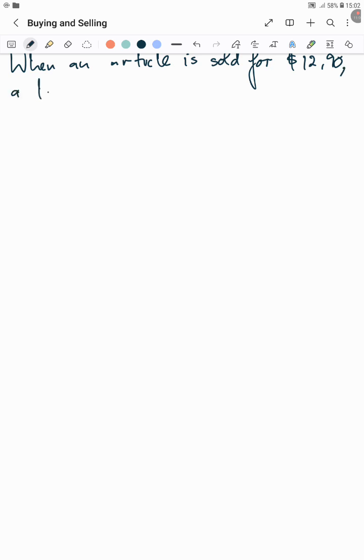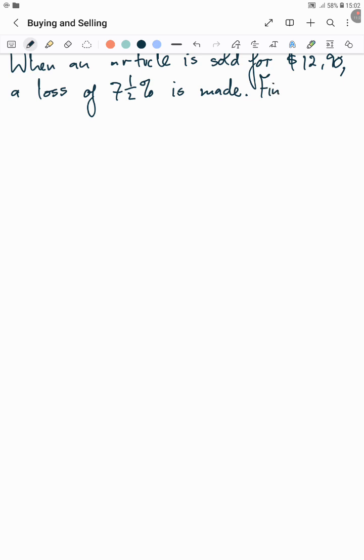It reads, when an article is sold for $12.90, a loss of 7.5% is made.